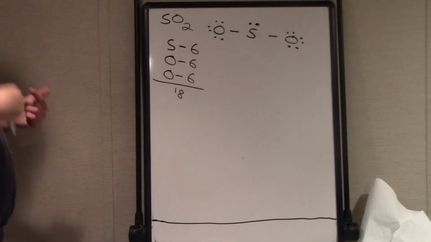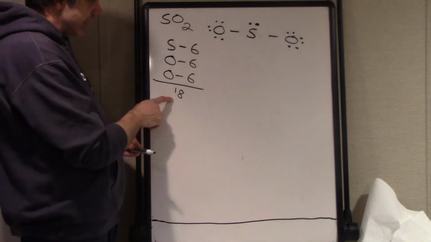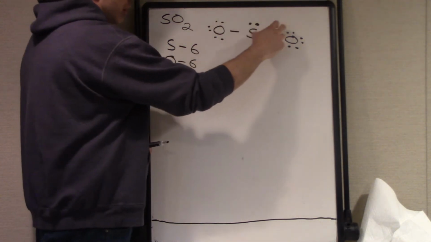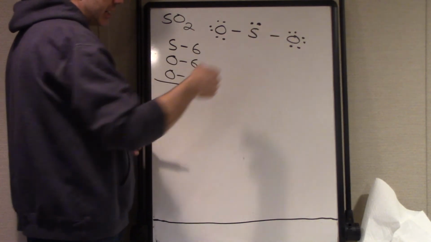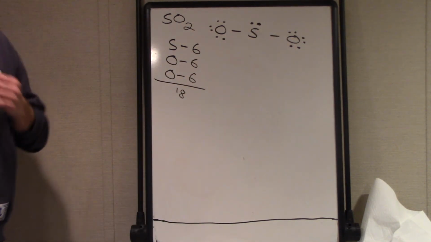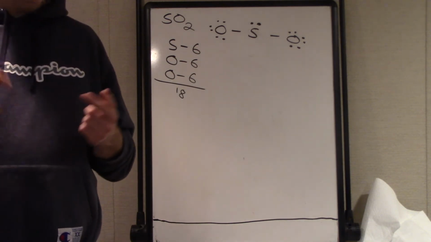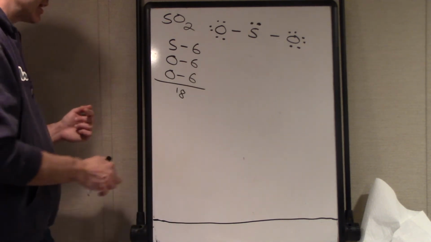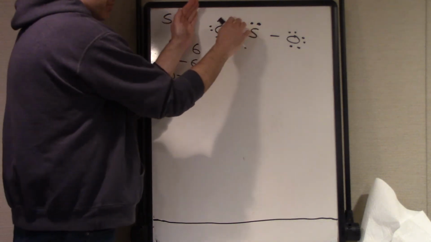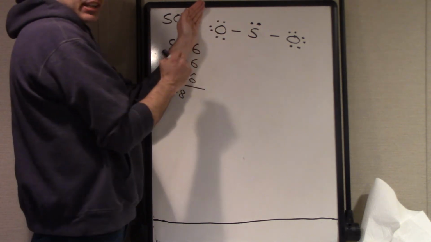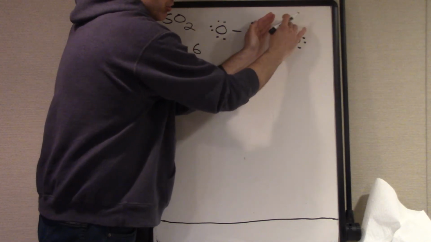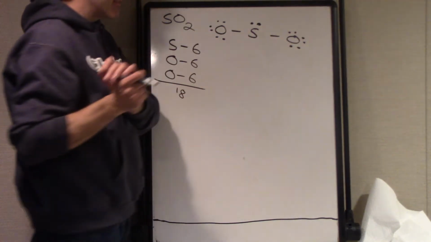So now I'm going to go back and do these checks again. I need 18. 2, 4, 6, 8, 10, 12, 14, 16, 18. I have my 18 electrons, but one thing I didn't check first time through was that octet rule. So I better go back and do that now. This oxygen, 2, 4, 6, 8 electrons around that oxygen. That's good. This oxygen, 2, 4, 6, 8 electrons around that oxygen.